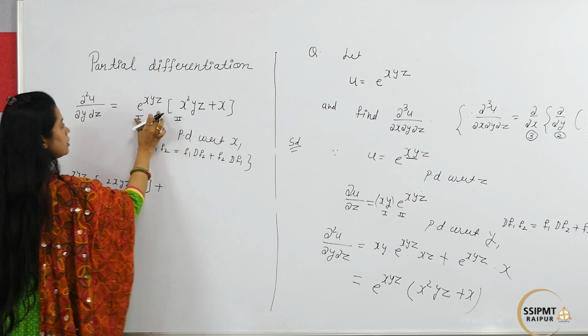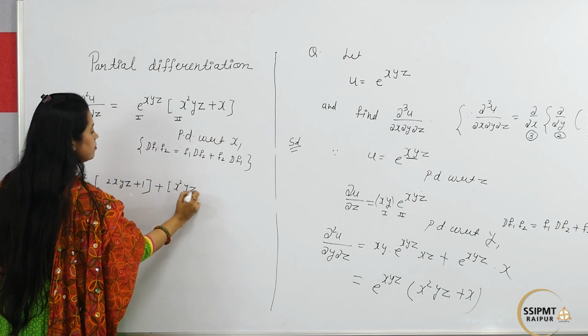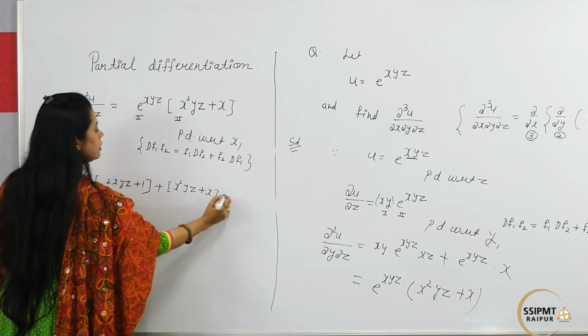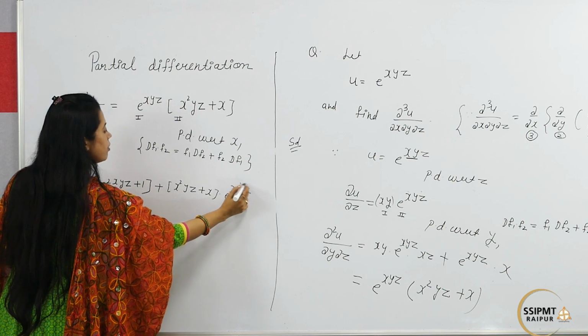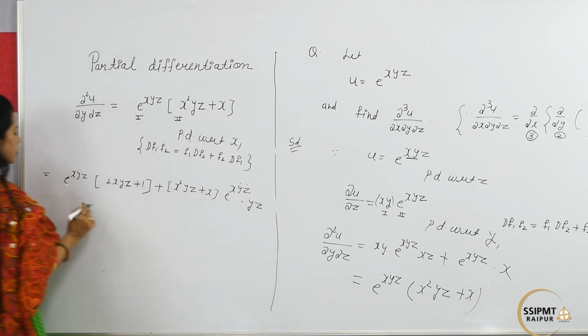If we differentiate the first function, it will be e to the power xyz, and with respect to x, y and z are constants, so into yz.